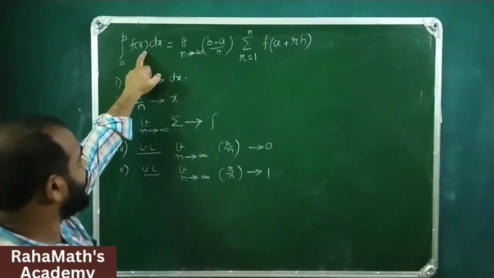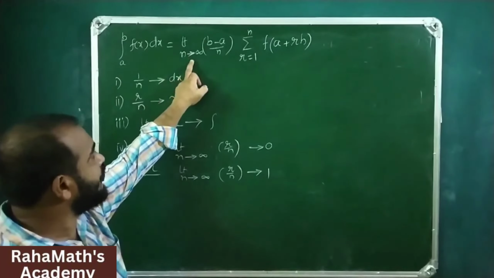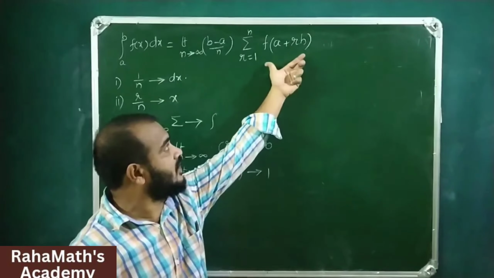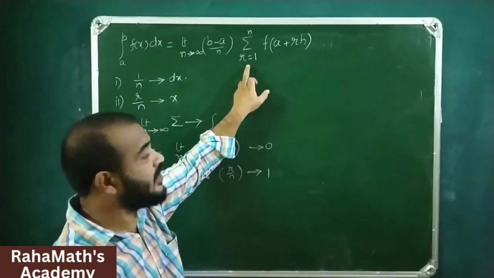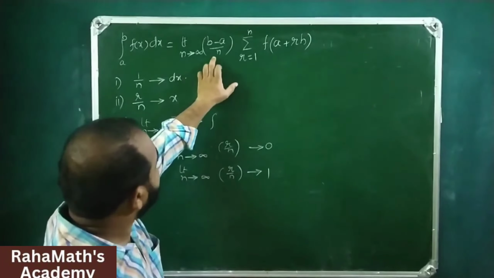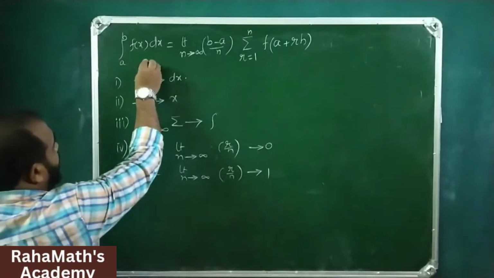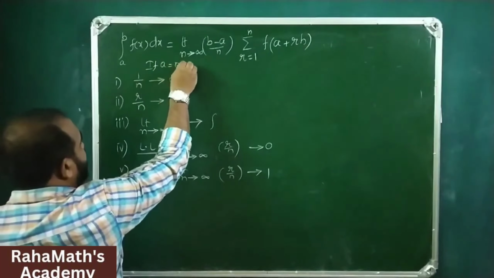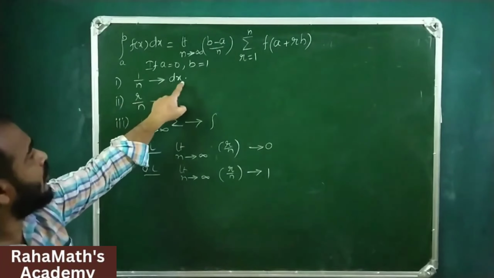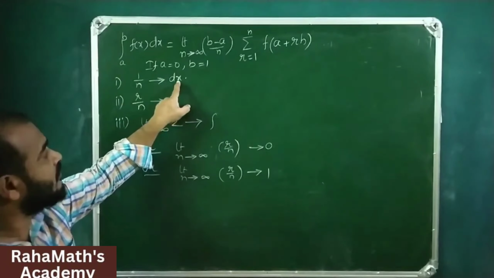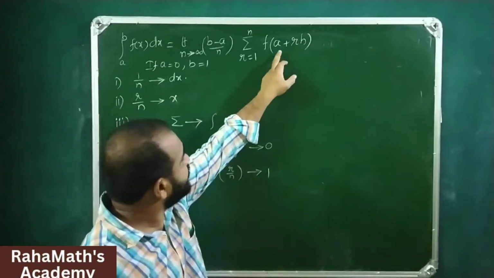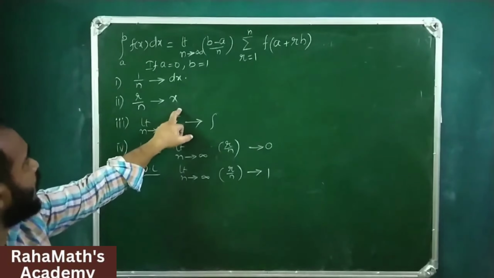Integral a to b f of x dx is equal to limit n tends to infinity, (b minus a) by n, sigma r tends to 1 to n, f of (a plus rh). This is the general term where r is varying from 1 to n. So here 1 by n. If a is equal to 0 and b is equal to 1, then 1 by n is converting into dx. r by n is converting into x.